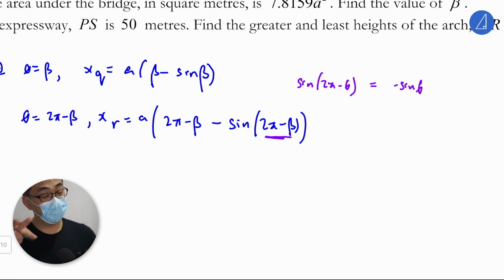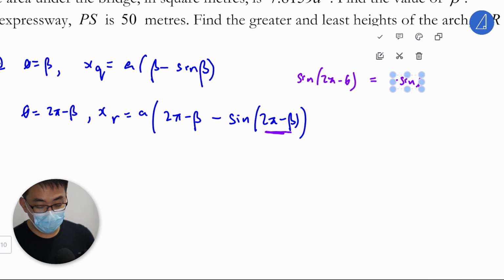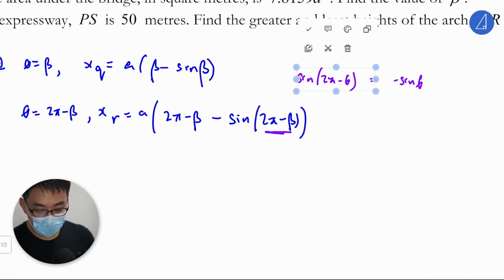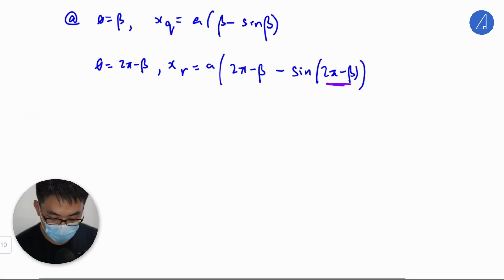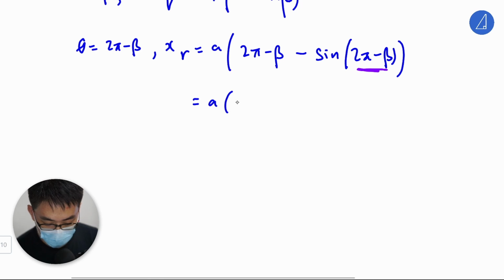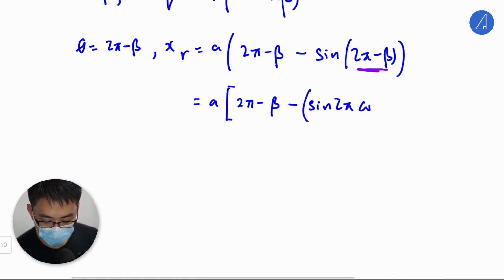Or if you don't remember this, it's okay. You can just expand it, using sine(A minus B).